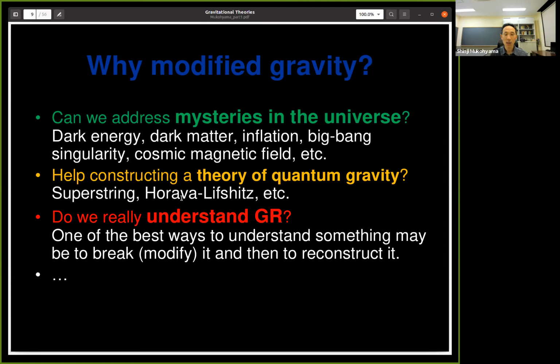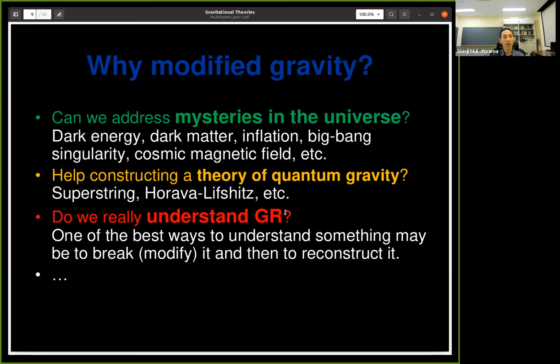And for me, superstring is also one of the modified gravity theories, because we modify GR. And the third motivation comes from our hope to understand GR itself. Even if GR is the genuine description of gravity in our universe, at least at long distance, the only way to prove it is to constrain the possible deviation from GR by experiments and observation. For this purpose, I think we need predictions of modified gravity.